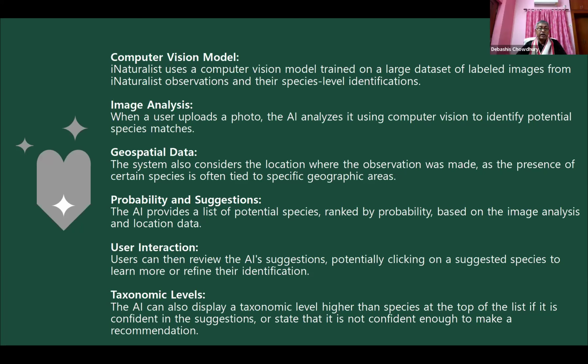Probability and suggestions. The AI provides a list of potential species ranked by probability based on the image analysis and location data. So this is the functionality of AI. User interaction. Users can then review AI suggestions, potentially clicking on suggested species to learn more or refine their identification. This is very important.